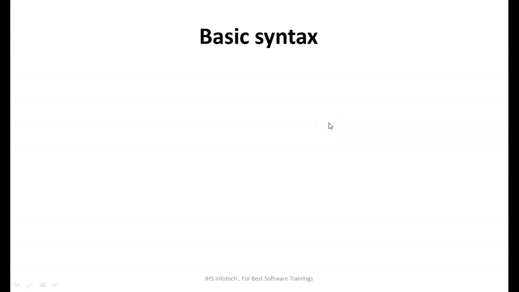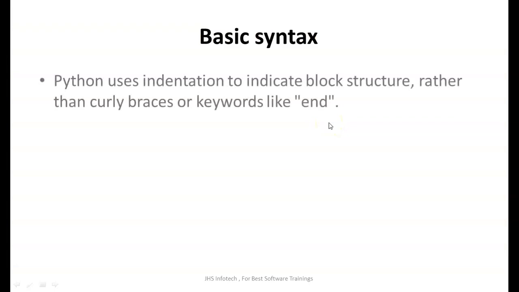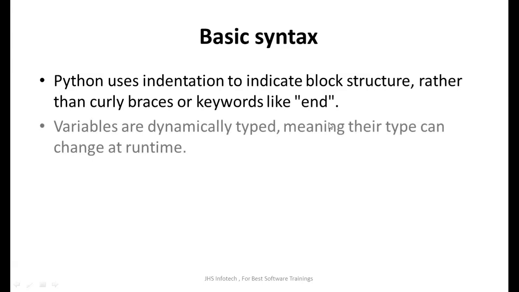Now, the basic syntax. Python uses indentation to indicate block structure rather than curly braces or keywords like end. Variables are dynamically typed, meaning their type can change at runtime as well.